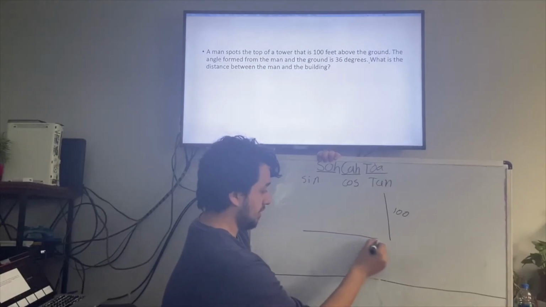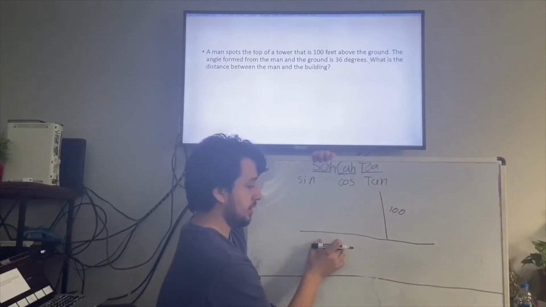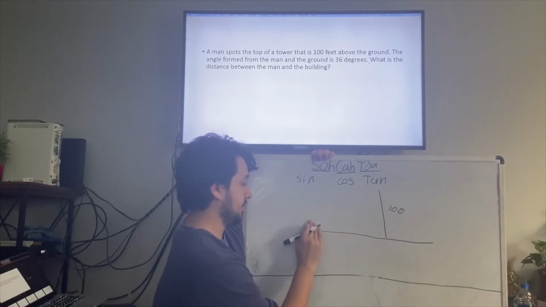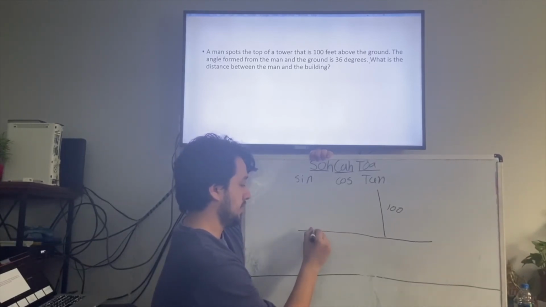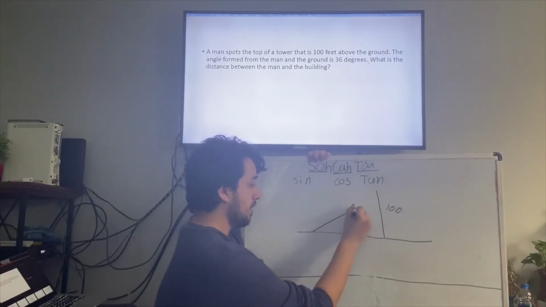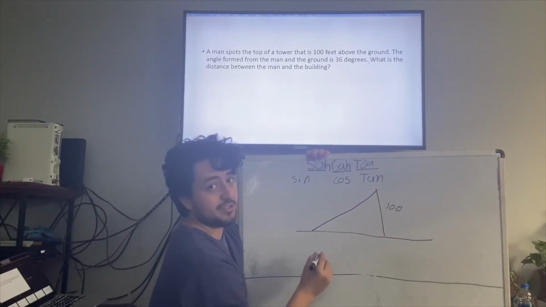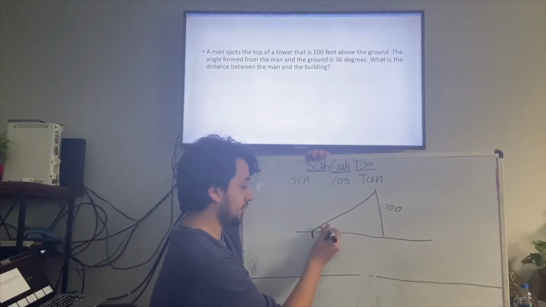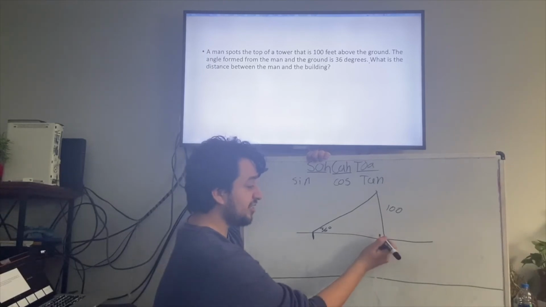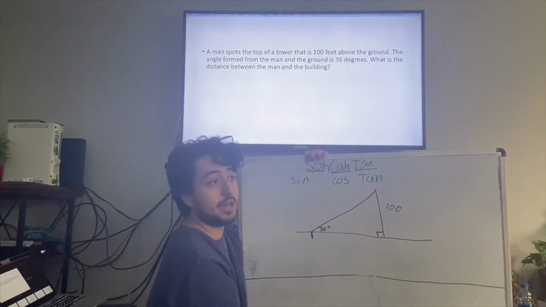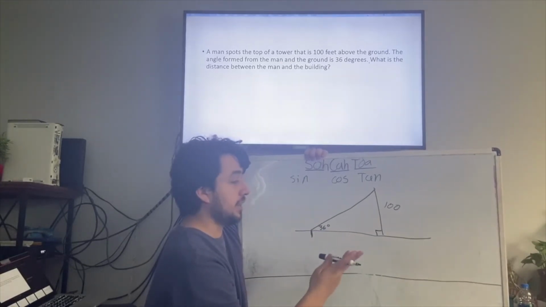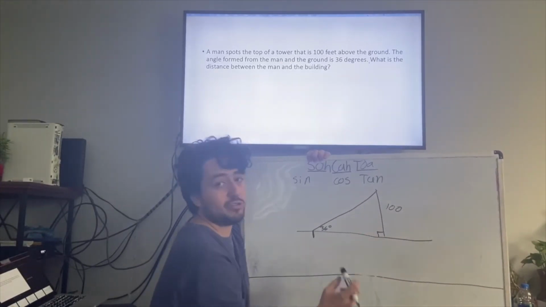So let's say this is our ground, and the man is right here. What it means is that the angle formed from the man, over here, and the ground is 36 degrees. This is assumed to be a right angle, because a vertical building against the ground is perpendicular, and anytime we have something that's perpendicular, it creates right angles.